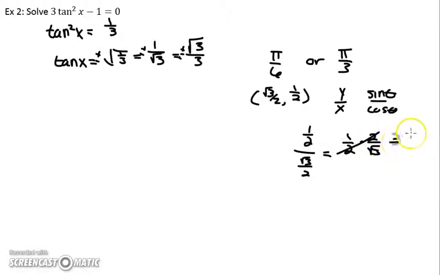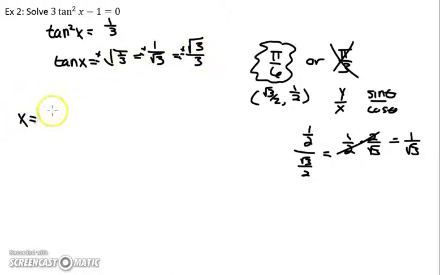Your 2's cancel. 1 over radical 3, which is going to be radical 3 over 3. So we know pi over 6 is one of our answers. Pi over 3 is not. So we know pi over 6 is going to be our positive radical 3 over 3. So 5 pi over 6 is going to be our negative. So pi over 6 and 5 pi over 6.